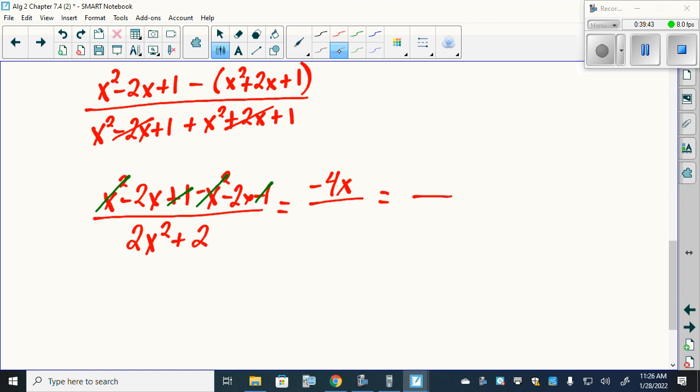Now the denominator, we have 2x squared plus 2, yes? I can factor out a 2, which will leave us with x squared plus 1. And last but not least, the 4 and 2 would simplify, give us negative 2x over x squared plus 1. That is it.